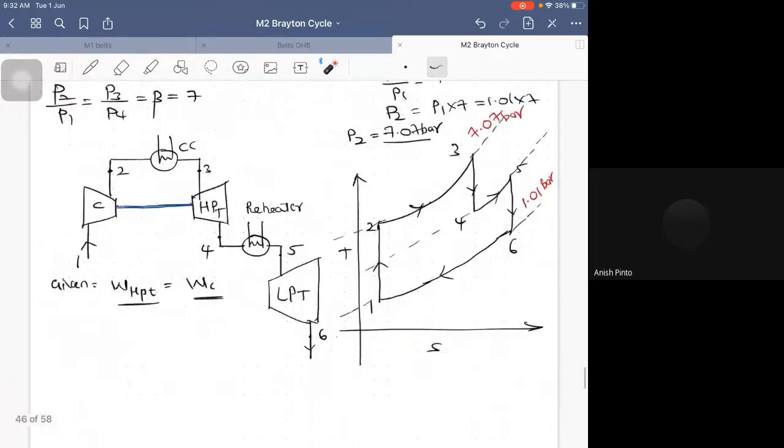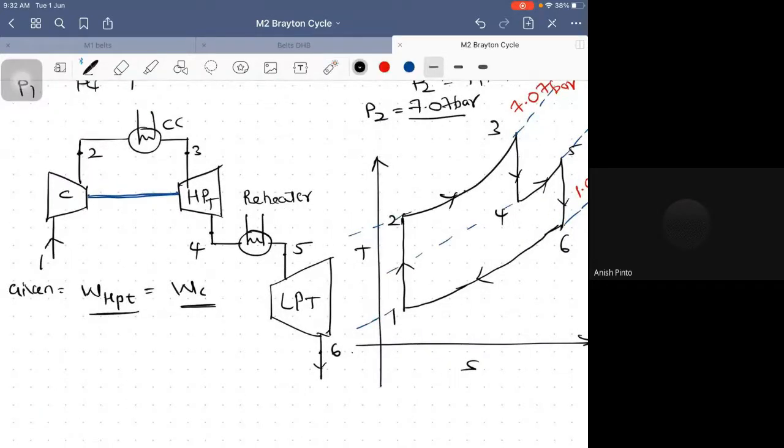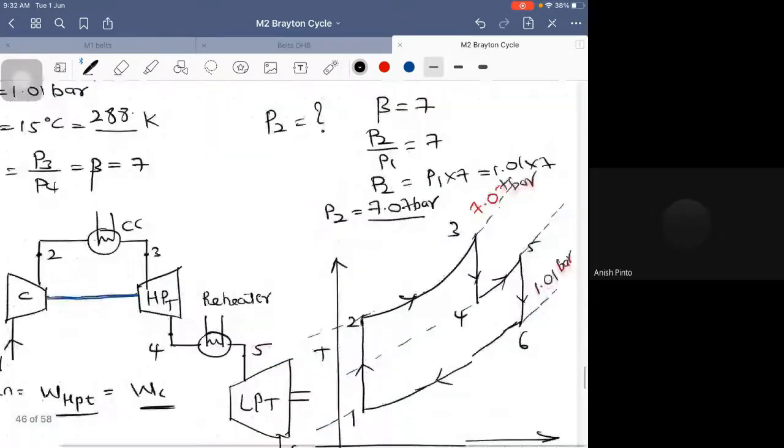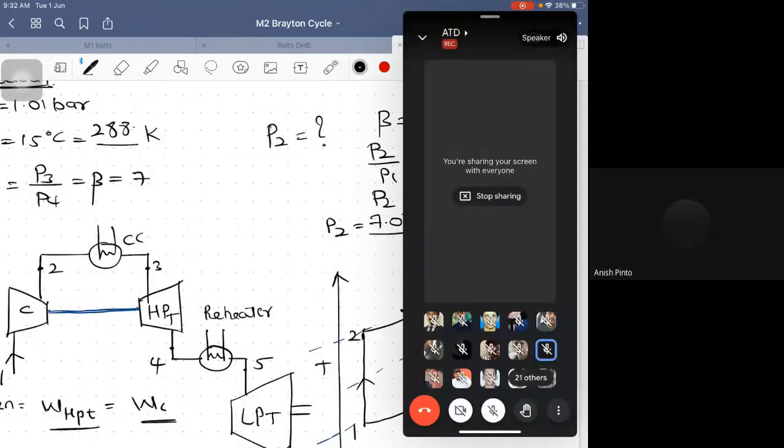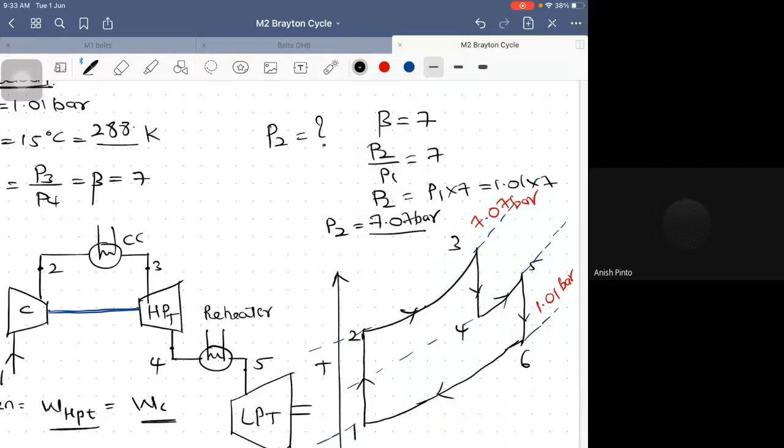Now, where is LP turbine? This is the LP turbine. What it would do is, there is a power shaft. Okay, is that fine?